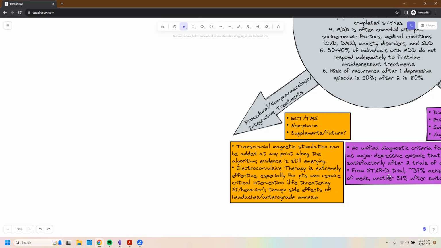But the side effect profile is a lot more forgiving than ECT. You do still have some issues with headaches and brain fog, but it is something that insurance can cover more easily than ECT, and you can always add it on to your strategies as well, especially when patients don't want to take more medications but they're willing to try other modalities.